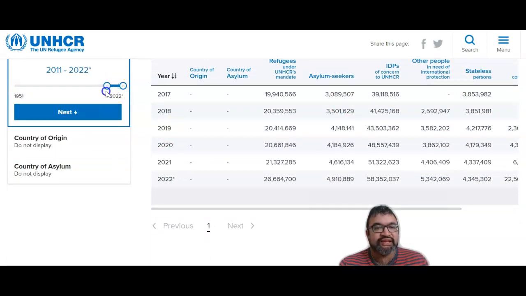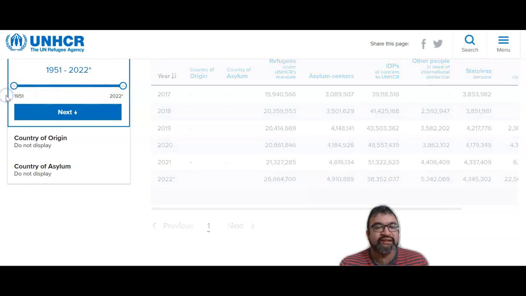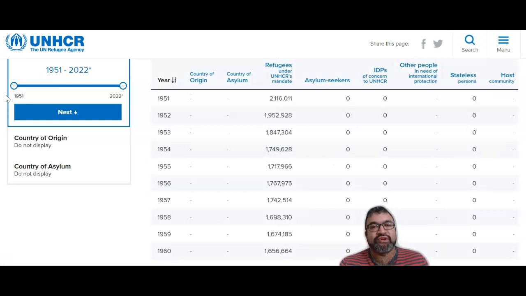When you're selecting all the data, you want to go all the way back as far as you can. So the more data you have, the more you'll be able to understand some of the different categories and columns here. So refugees under UNHCR's mandate, that's one of them by year.